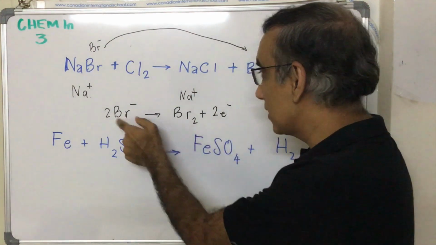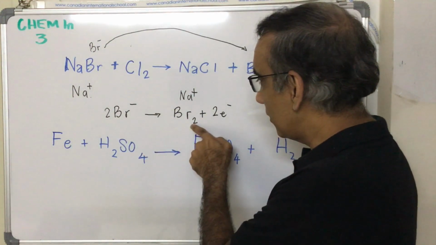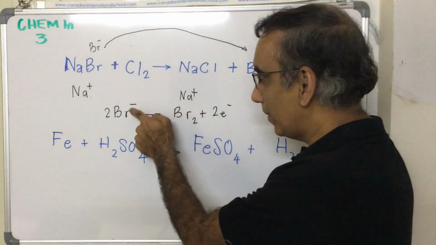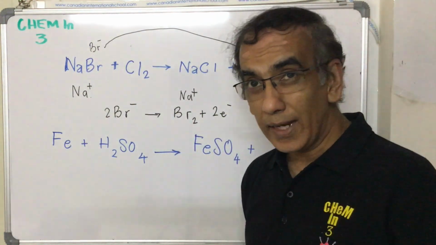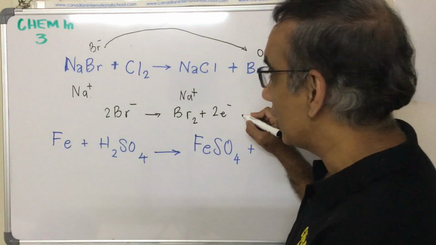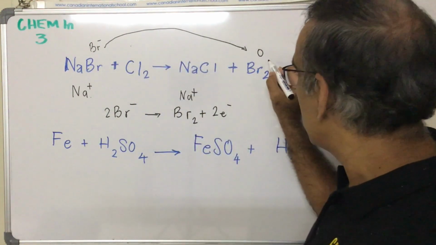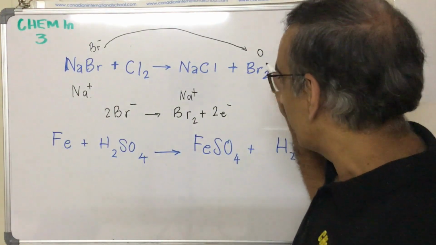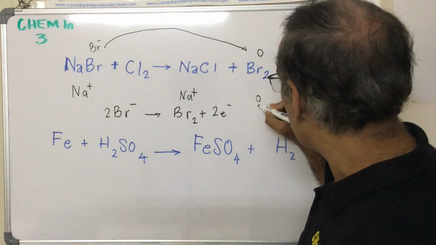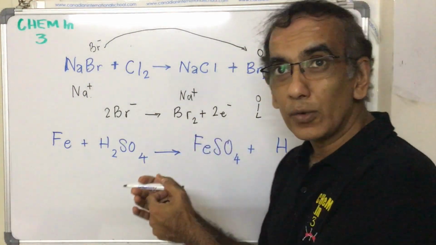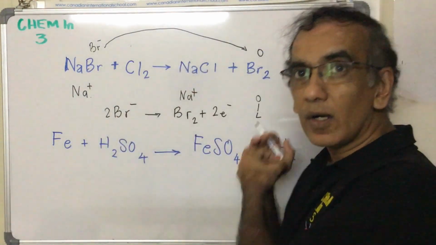Bromine's lost electrons, 2Br minus, 2Br here, and the 2 electrons here with the negative charge balancing off. So what you have is a half equation that shows that bromine goes from oxidation state -1 to 0, and in so doing it loses electrons, and it's been oxidized.